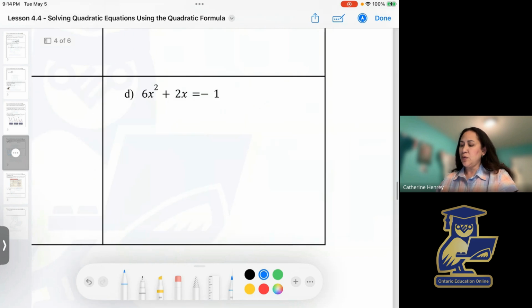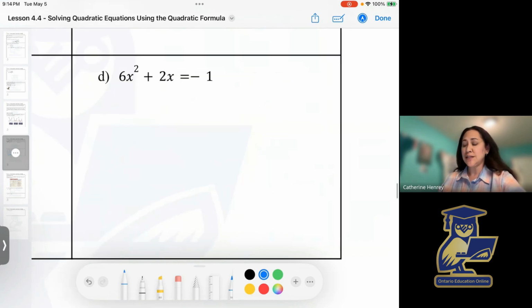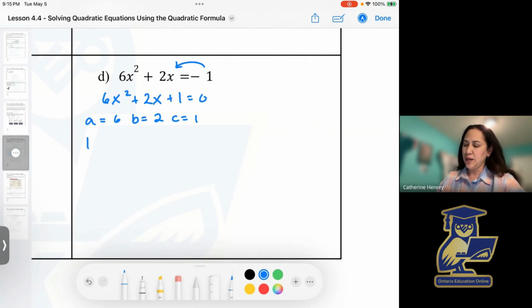One more example, D. Let's go ahead and put this into standard form. We'll bring the -1 over. So 6x squared plus 2x plus 1 equals 0. So in this case, our a is 6, our b is 2, and c is 1. Plug everything into the discriminant. d is equal to 2 squared minus 4 times a, which is 6, and c, which is 1.